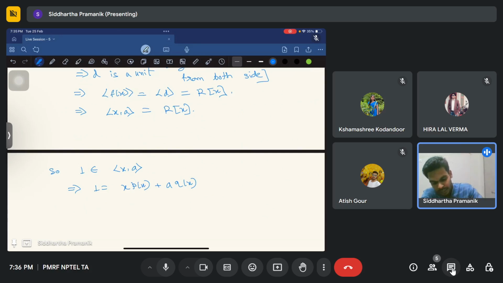So both sides are polynomials. So again we will compare the constant term from both sides. Here we have multiplied by x, so this will not give any constant term. The constant term will come from only this term. So 1 equals a times some b, for some b belonging to R, by comparing constant terms.